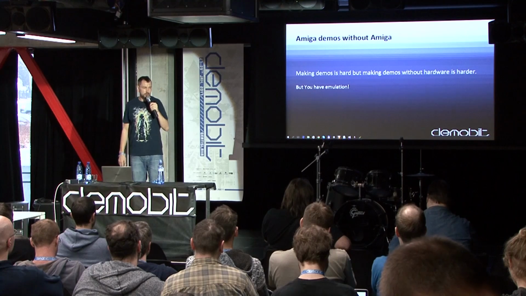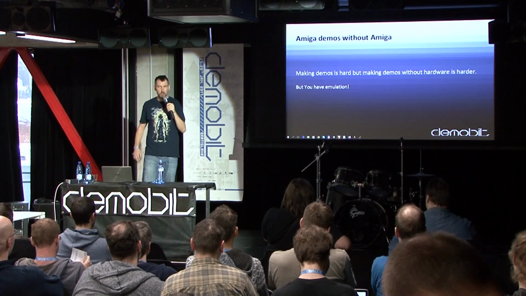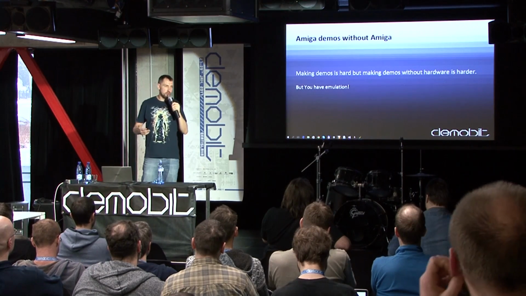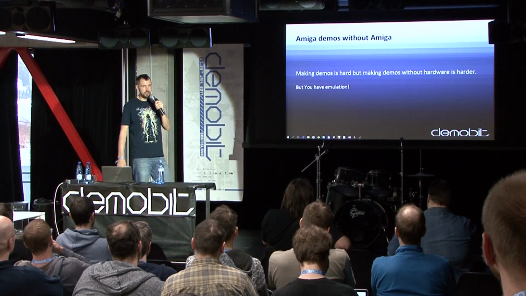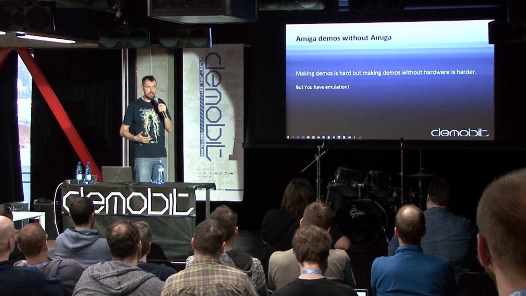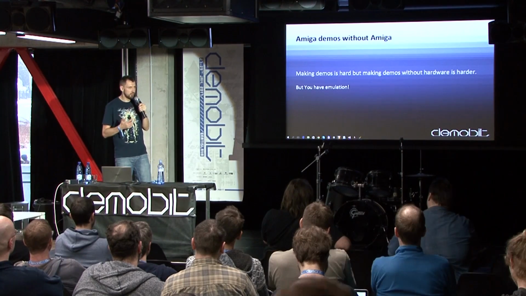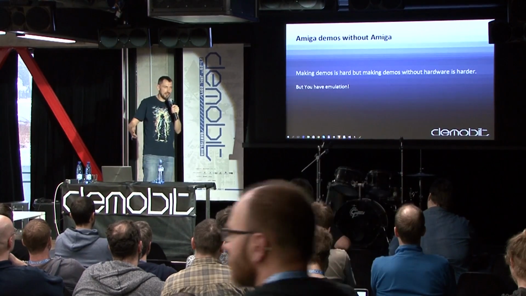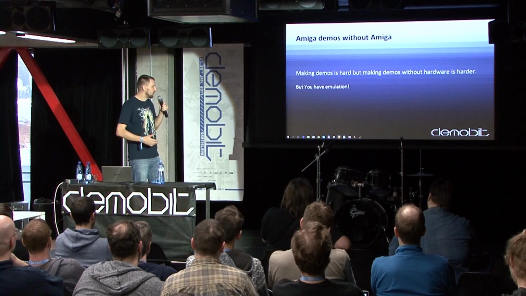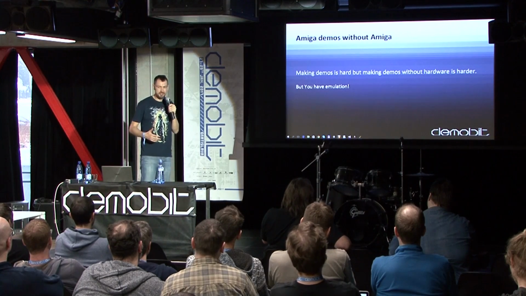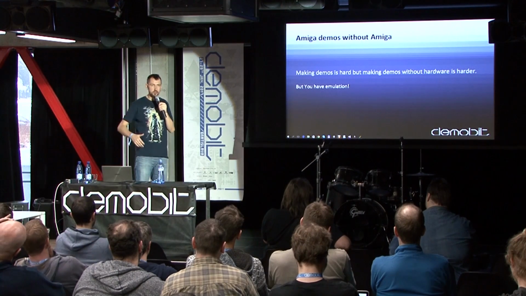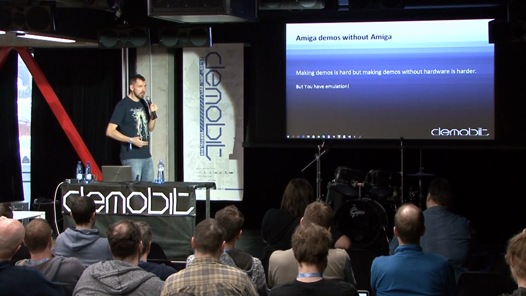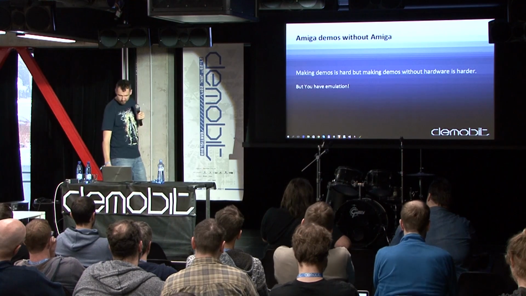But when you want to do high-end Amiga demos, 060, pure frame buffer, stuff like that, everything breaks. You can't have cycle-exact emulation because WinUAE is running fast as fuck. You have to do some estimations. Basically, emulation is just a visualization tool for you, not really something that you can trust when making a demo.